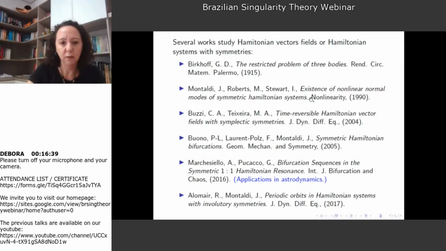I think all of them involve symmetries. This list of references illustrates that it can be interesting to study Hamiltonian vector fields in a general context, in the sense that the matrix of the bilinear form is not the matrix J, and, on the other hand, to look at the symmetries involved in this problem.